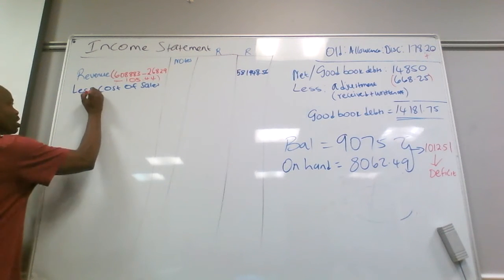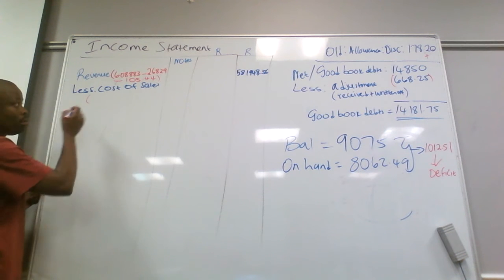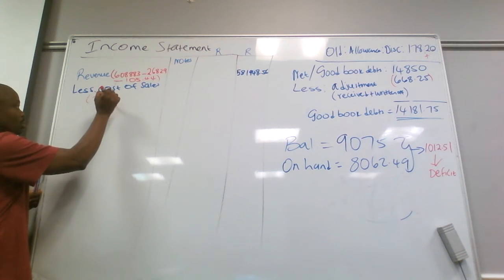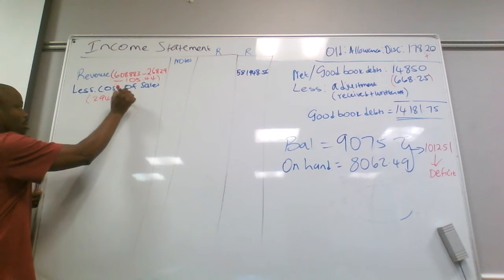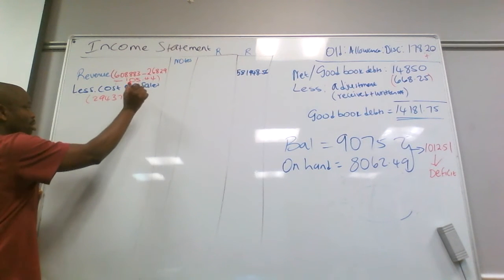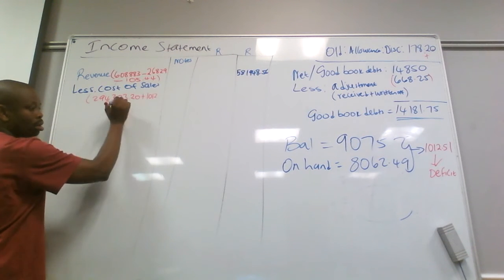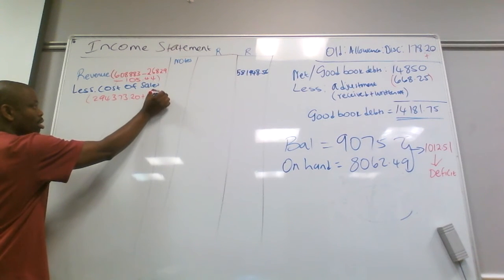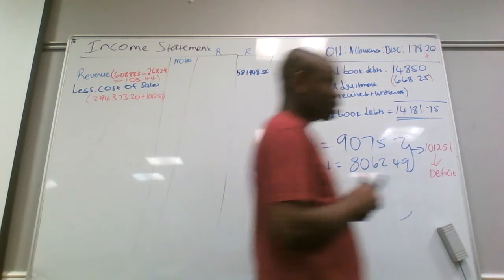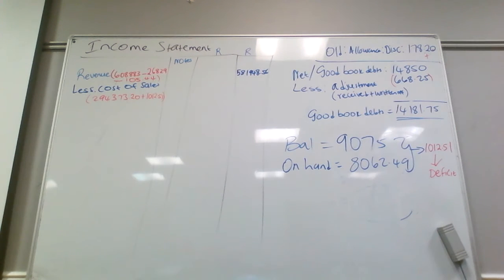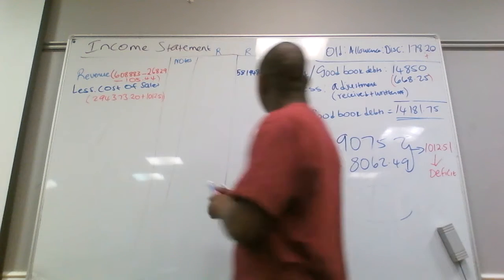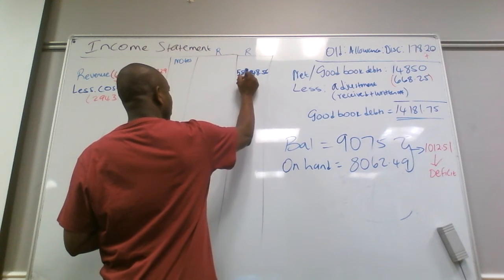Give me the balance of the cost of sales first. 294. 373.2. Plus 1,012.51. So 295. 385. 171.